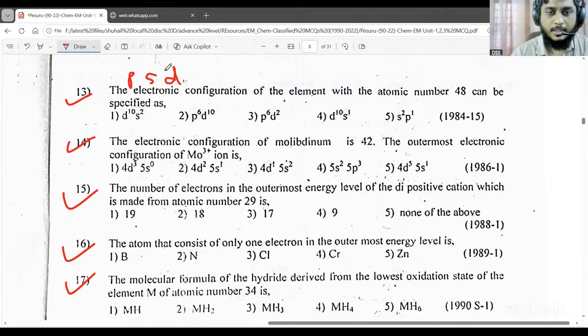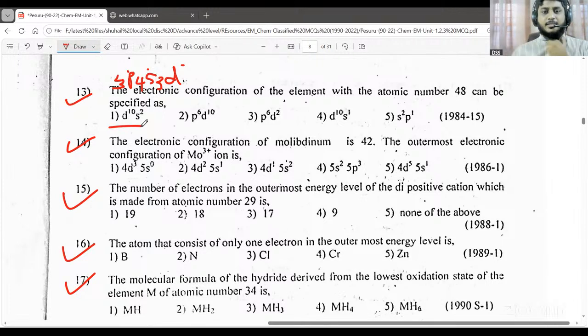That's how it goes: P, S, D. For example, if 3P is here, after 3P 4S will fill, after 4S 3D will fill. This is the order. So which option: P6 D10 or D10 S2? Always we have to tell the last set of electrons. Therefore, we have to go with D10 S2.